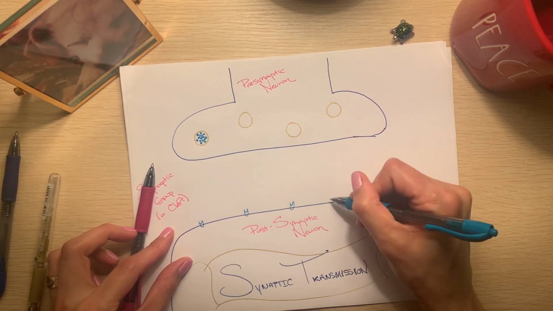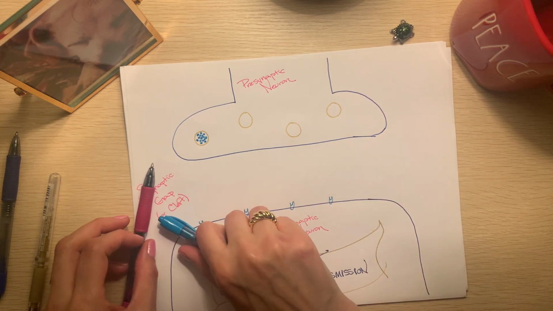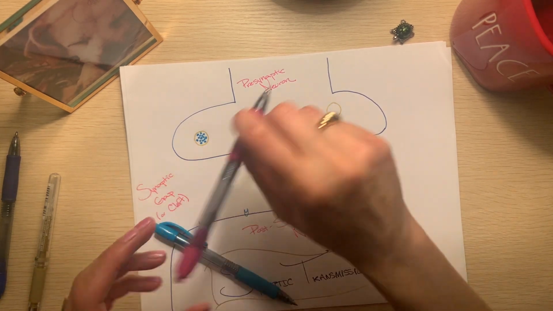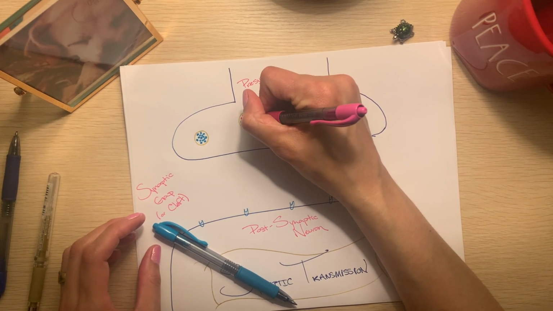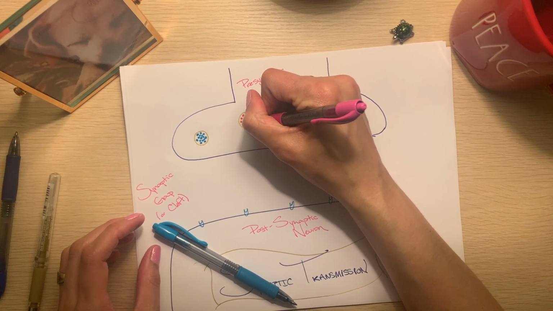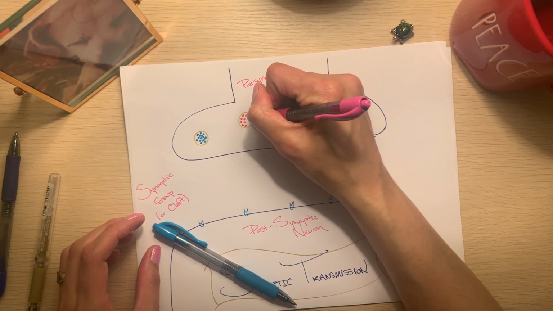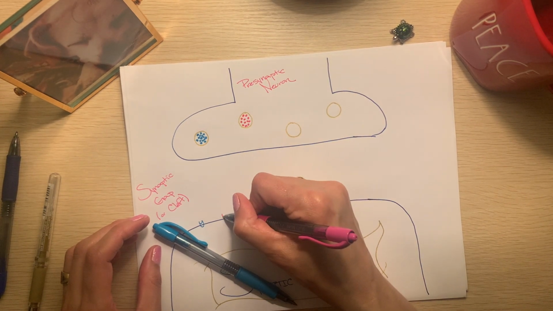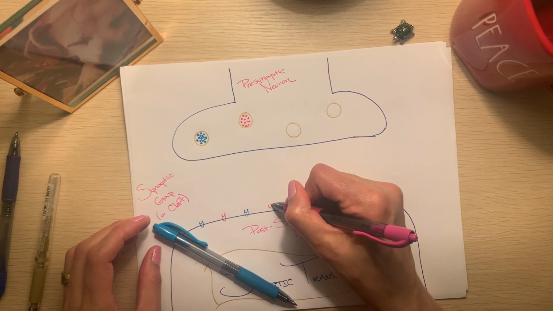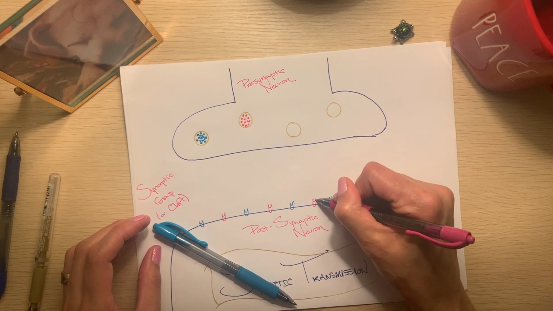And these receptor sites are specific to the neurotransmitter of their choice. But I don't have the art skills to be drawing different shapes, at least not quickly, so they're just going to be illustrated by the different colors.